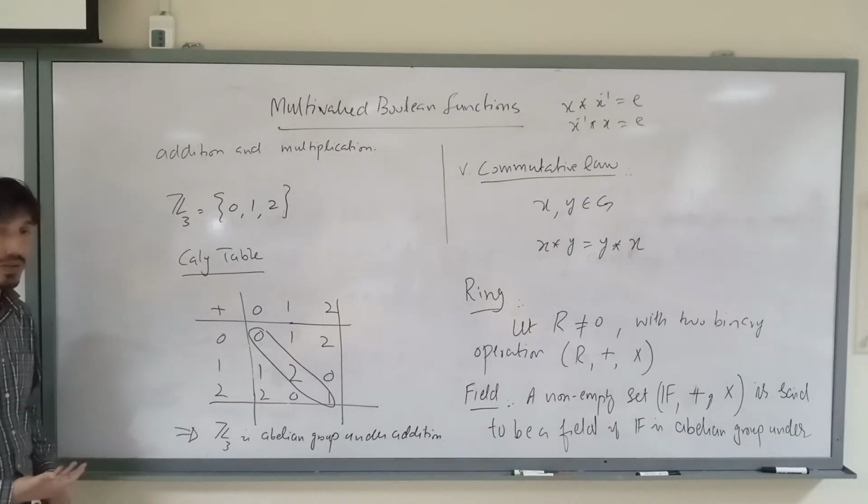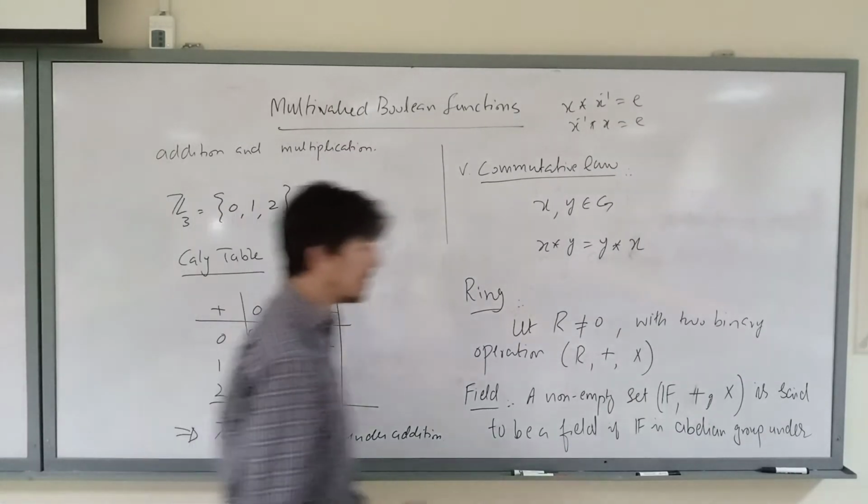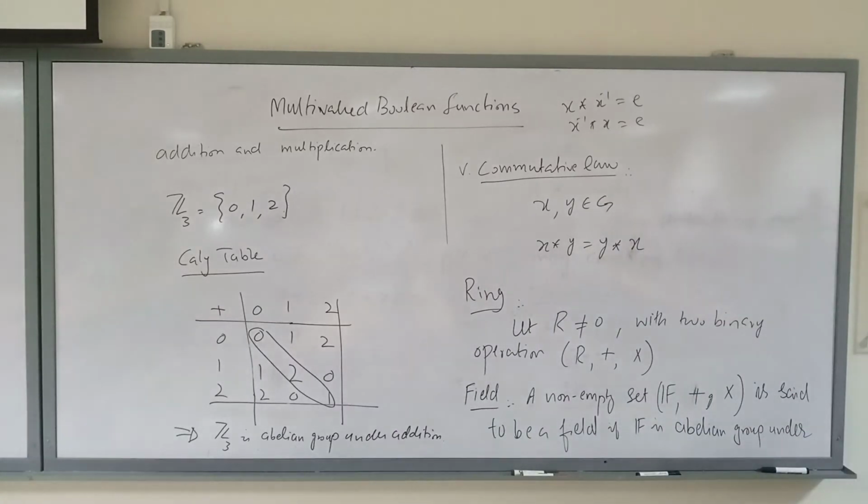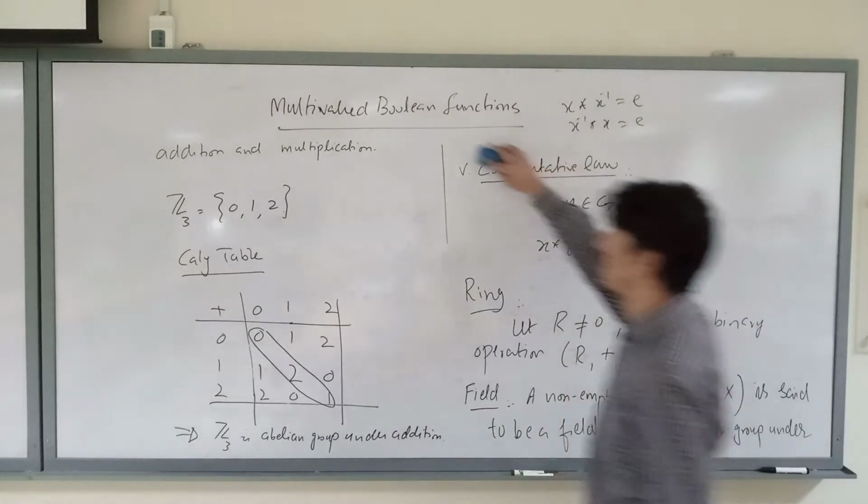So this is an abelian group under addition. Now how will it behave when we take multiplication?